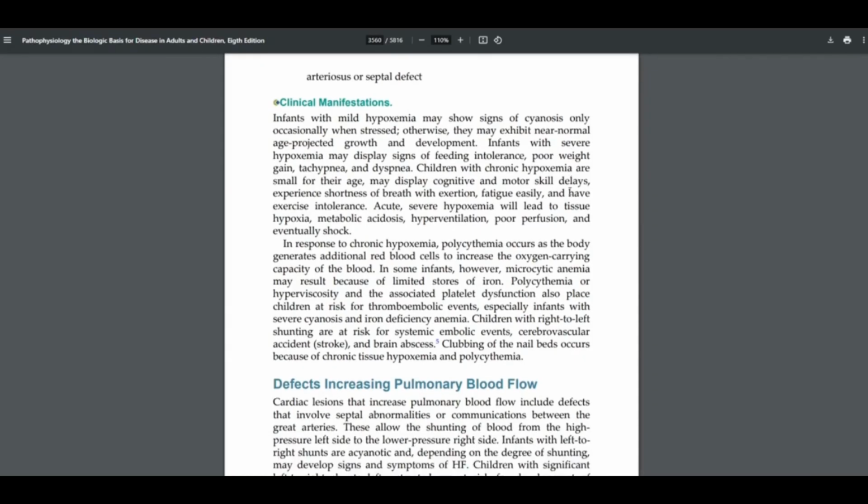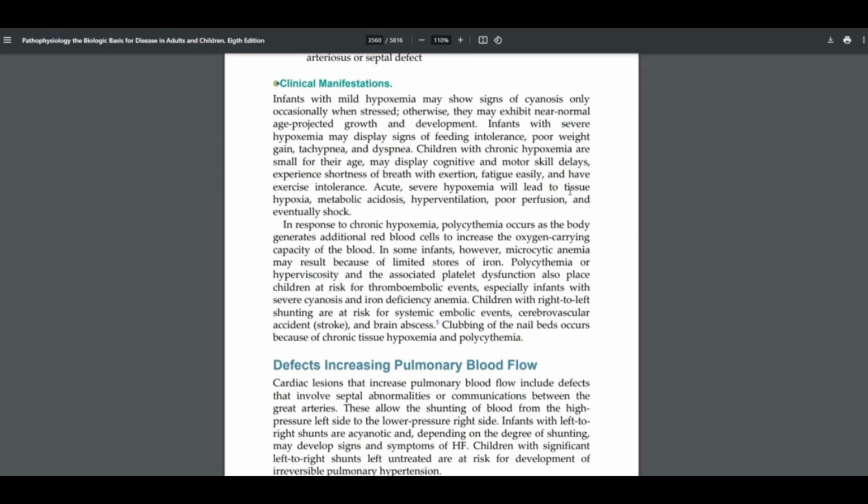Polycythemia, or hyperviscosity, and the associated platelet dysfunction also place children at risk for thromboembolic events, especially infants with severe cyanosis and iron deficiency anemia. Children with right-to-left shunting are at risk for systemic embolic events, cerebrovascular accidents such as strokes, and brain abscesses. Clubbing of the nail beds occurs because of the chronic tissue hypoxemia and polycythemia.